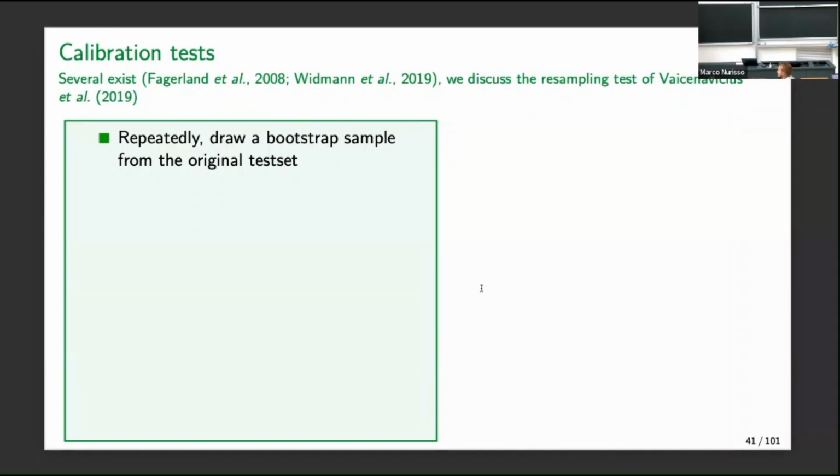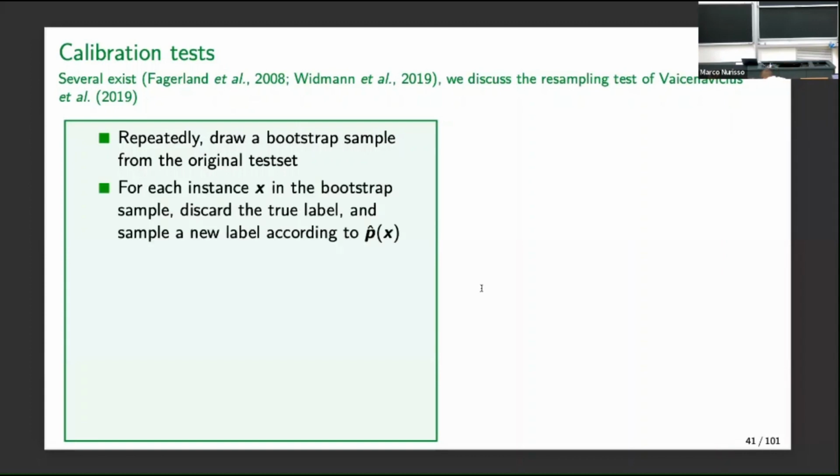So what do you do? You have a validation data set, and you take bootstrap samples from that validation data set in the first step. For example, you have a validation data set of 100 data points. We sample with replacement maybe 1,000 times a new validation data set of 100 data points. In the next step, we throw away the true labels of all those data sets.